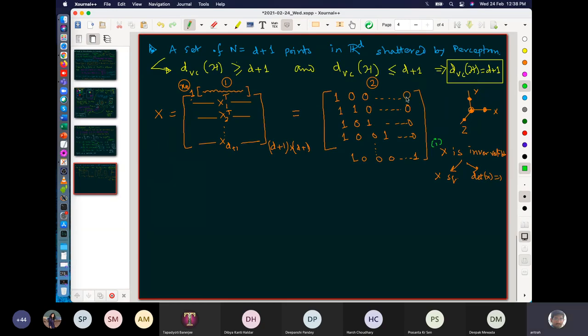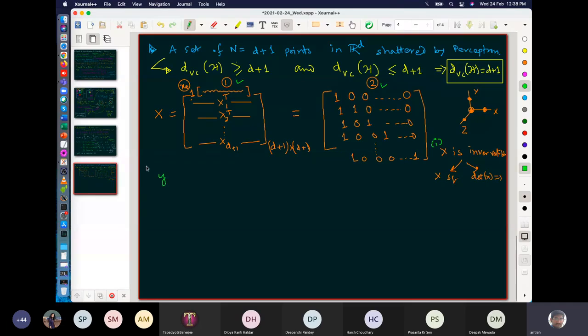Now, can we shatter this set of D plus 1 points? If I can shatter this set of D plus 1 points, then one of the two has been established. Either this or this, you tell me which one. So my first question is, can I shatter these D plus 1 points?